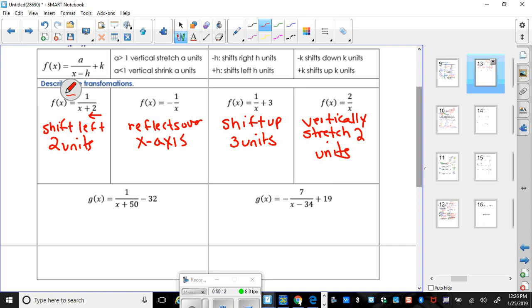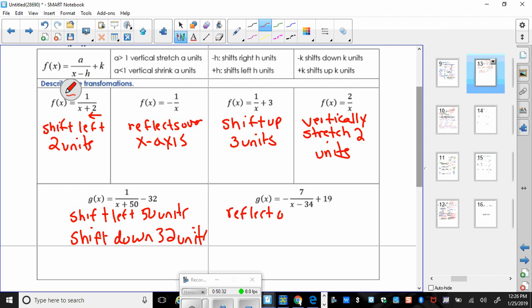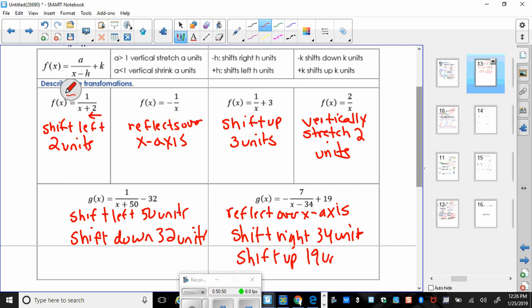Down below, we shift left 50 and shift down 32 units. Next, we reflect over the x-axis. Then you shift right 34 units and shift up 19 units. Okay?